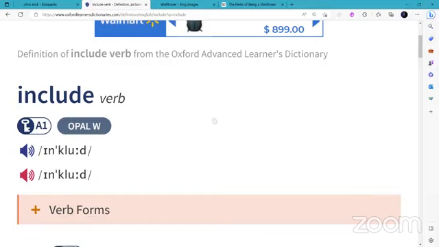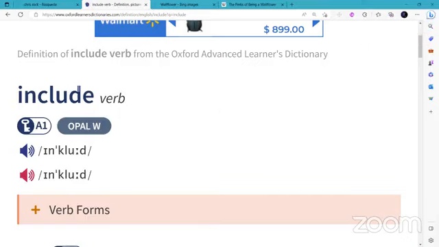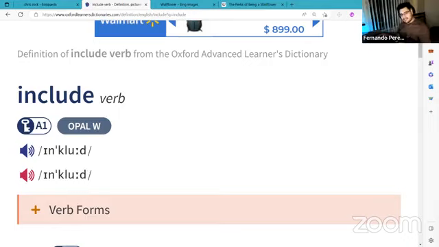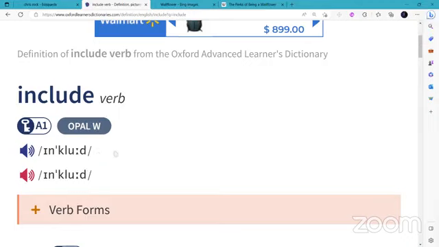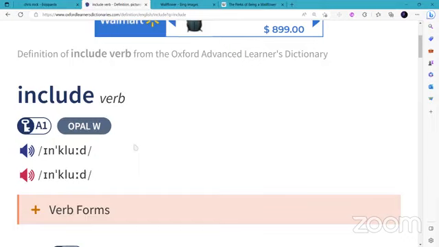The singular is include. Well, verbs are not singular and plural. It's I include, you include, and he, she, it includes. Plus s. Pronunciation: includes.